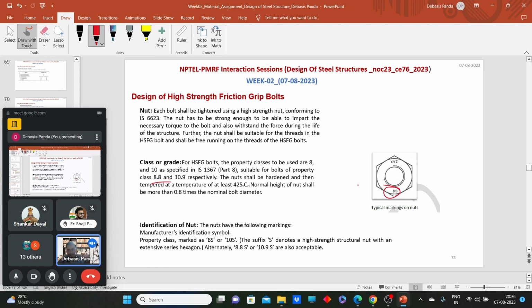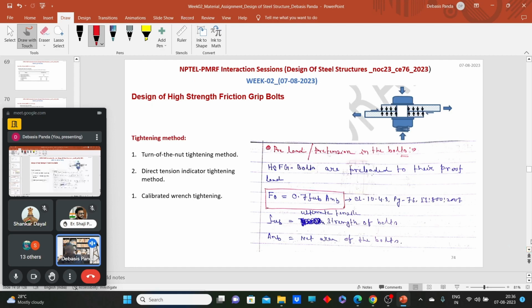Now the basic thing we have understood about this kind of high strength frictional grip bolt is that we need to add initial pretension. The first question is, how much preload can I give to that bolt? The code says you can give a stress of 0.7 of the proof stress f0.